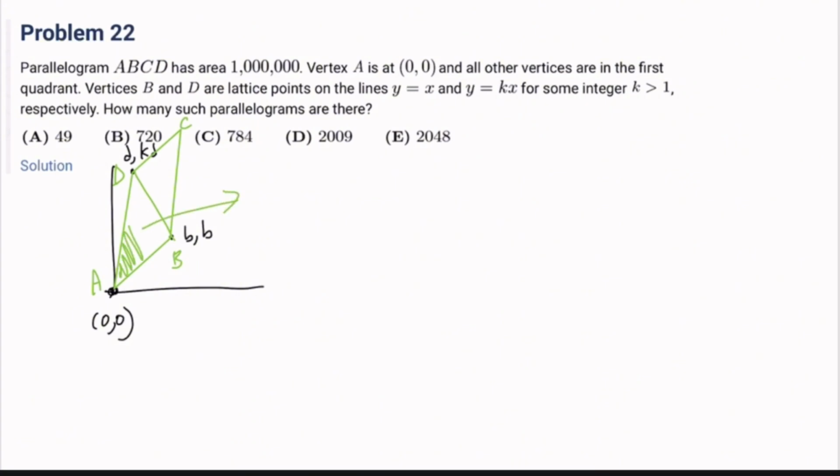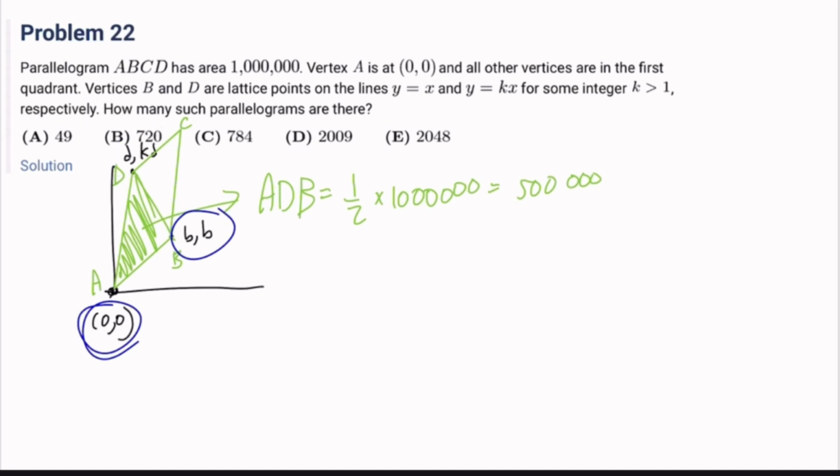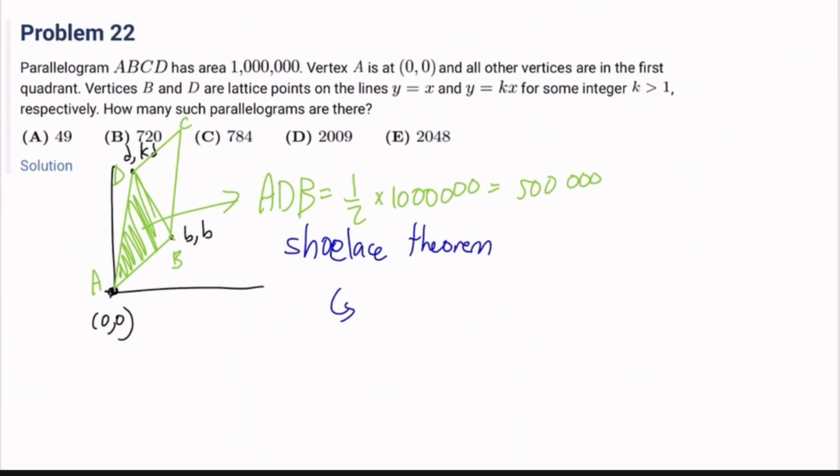So this triangle ADB is half of the total area, half of 1,000,000. This is just 500,000. But then we know the coordinates of all 3 points, which means we can use the shoelace theorem. So the area is 1/2 times the absolute value of, and then we have 0, 0, b, b, d, kd, and 0, 0.